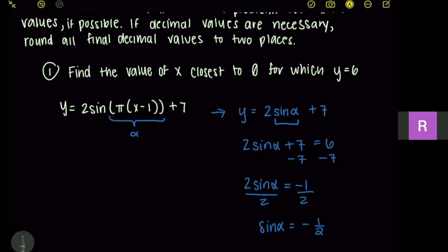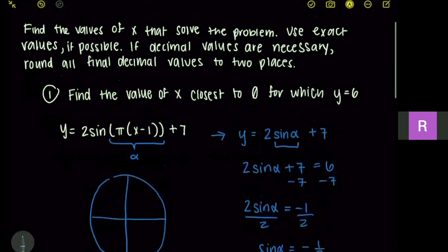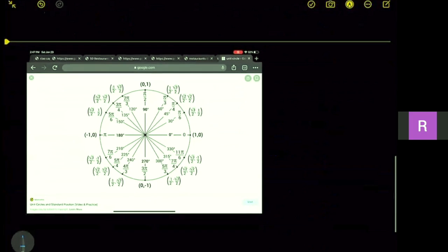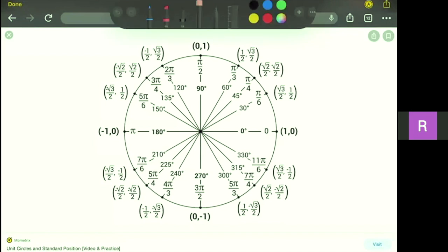So we can now look at a unit circle, or think about where -1/2 is the value for sine on the unit circle, and draw that out. We can look at the unit circle, which I have a picture of here, and we can see that sine is equal to -1/2 here, because sine is a y value, and also here.